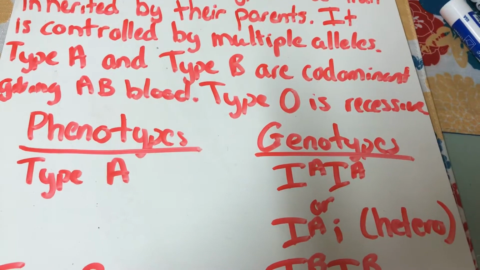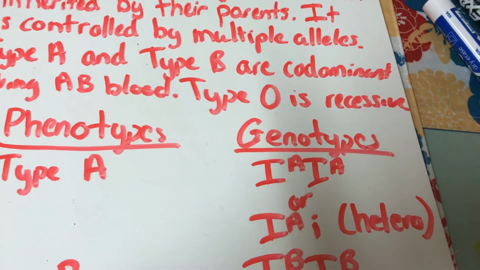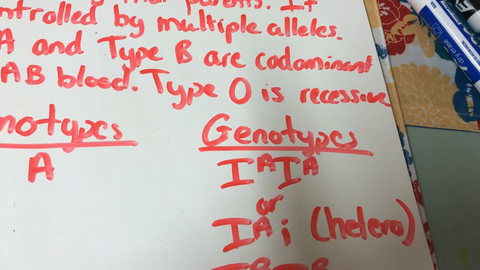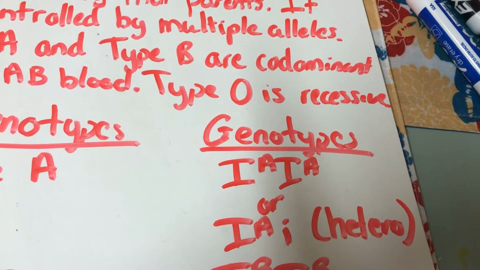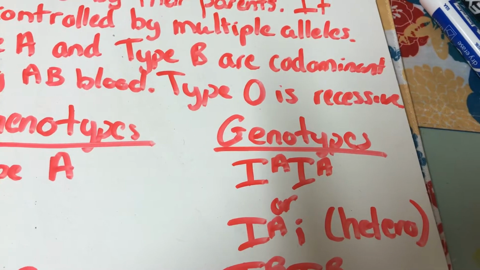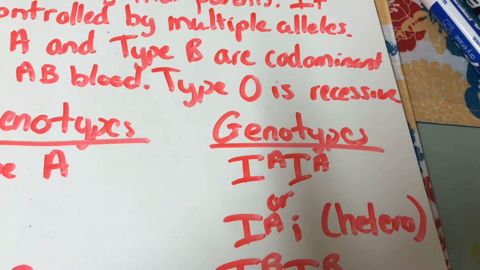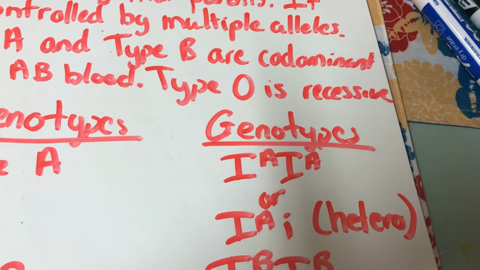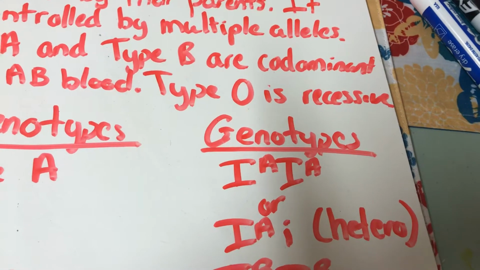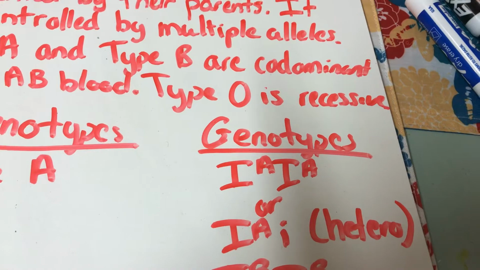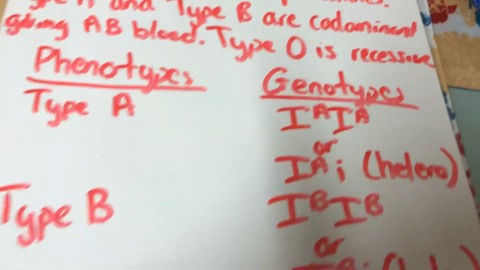So if somebody has type A blood, if they're dominant, they have what's considered IA. I don't know why we use the I's. I don't know what they stand for, but for some reason we do. And then if they're heterozygous, they're going to have the recessive trait, which would be IA with a lowercase i, that represents type O blood.